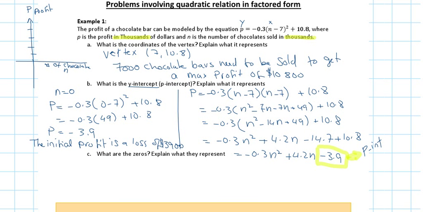Okay? So what's the first thing that you want to do? So here's your standard form, which is p equals negative 0.3 n squared plus 4.2 n minus 3.9. Common factor first. You don't want that negative 0.3 out there. Okay? So you want to factor out the negative 0.3.